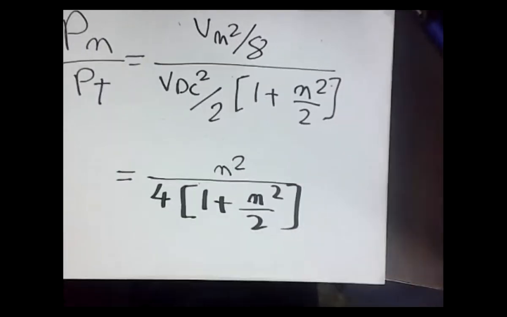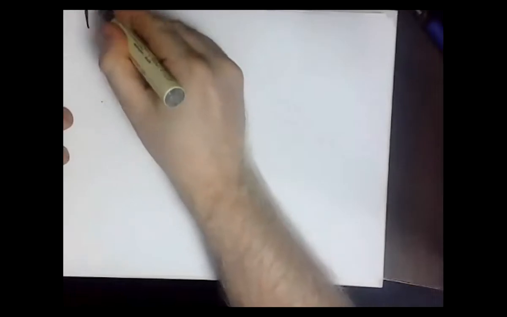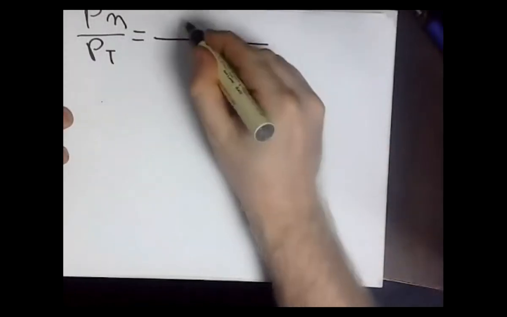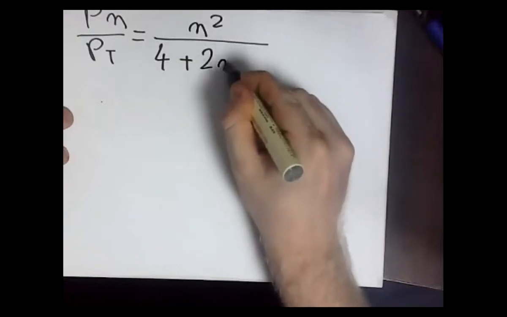So by very simple multiplication for these inside the bracket, we get Pm over Pt equals m squared over 4 plus 2 m squared.